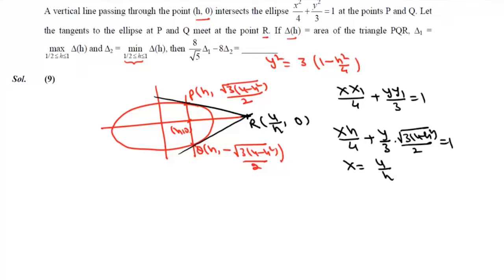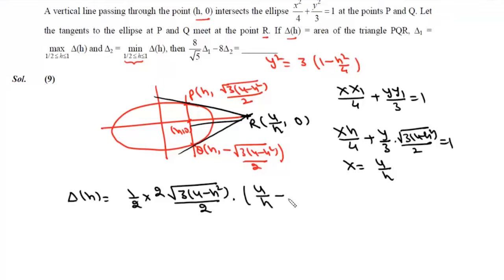Now we can write the area of this triangle. So the area of this triangle, delta h, will be 1 by 2, and then this height will be 2 times root 3 into 4 minus h square by 2, into this length, which is 4 by h minus h. Now this 2 will cancel.